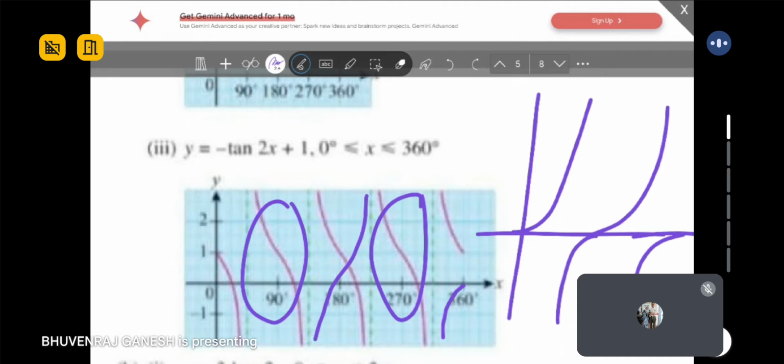Siapa boleh terangkan? Who can explain to me? Why 90 and 270 got value in this graph? Anyone? Kenapa ada nilai kat situ? Because biasanya graph tangent kat 90 dan 270 shouldn't have value. Tak ada nilai. So can anyone tell? Kenapa ada nilai? Why got value?